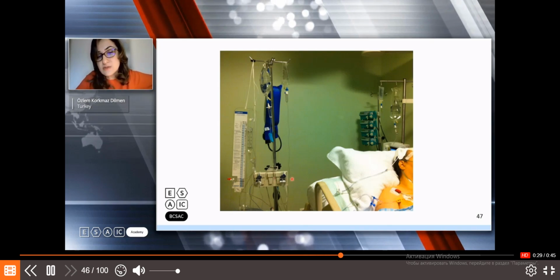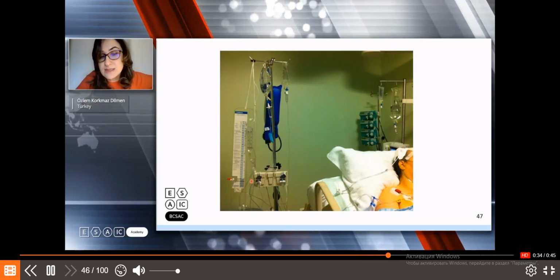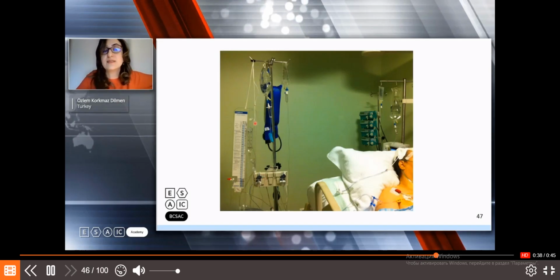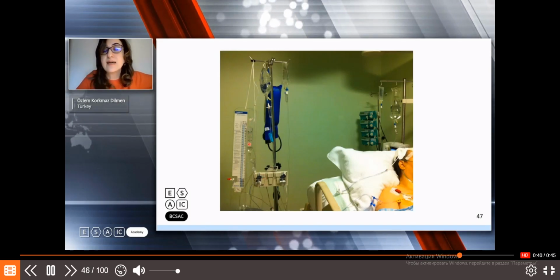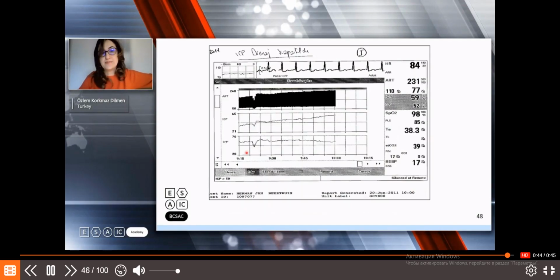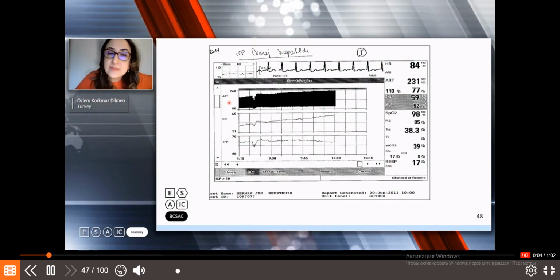One transducer belongs to mean arterial pressure. The other one is used to measure intracranial pressure. And as you see here, if ICP is high, we can drain cerebrospinal fluid in that cup. And these vital signs belong to the same case.